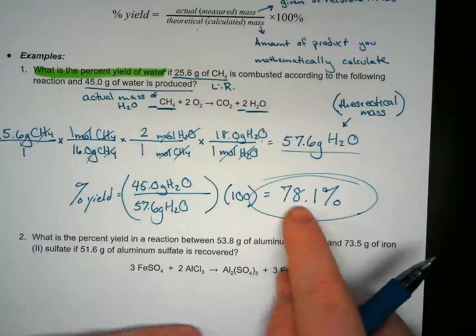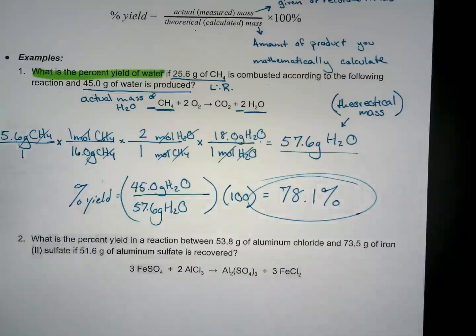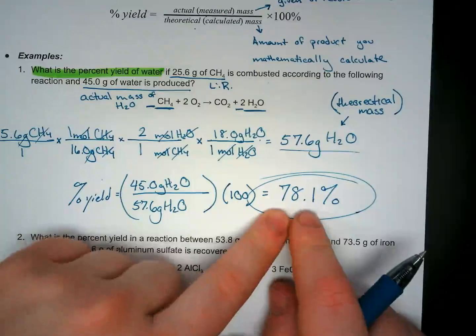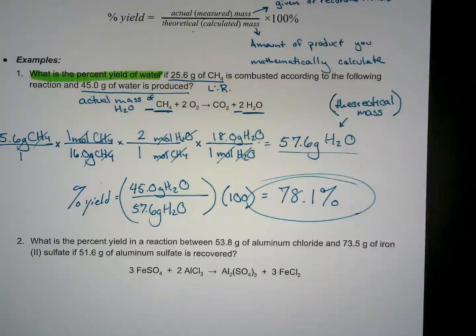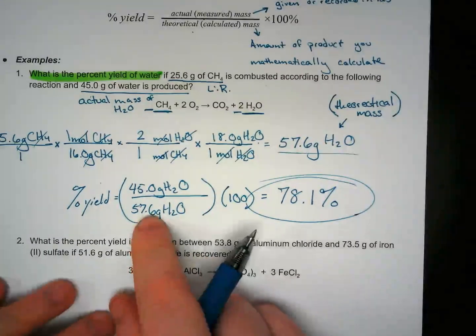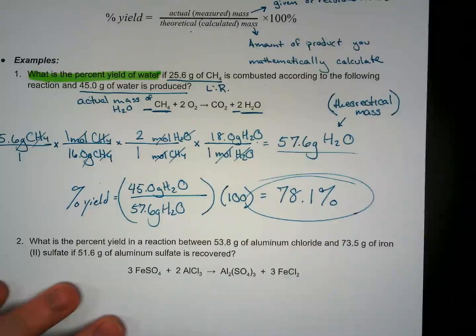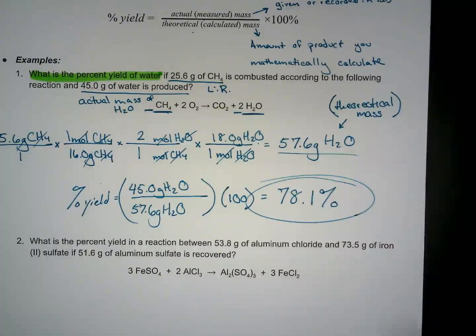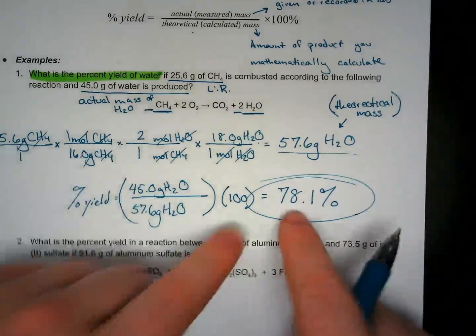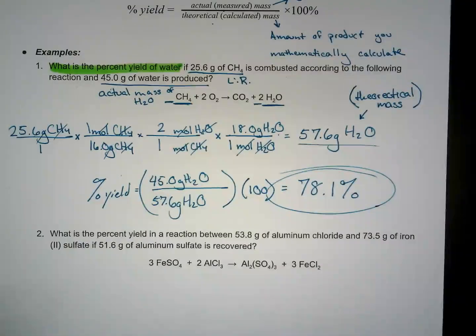So what we just calculated with the 78.1% says that the actual was roughly about 3/4 of what we expected to see, which is not particularly a good place to be. So there is something happening, whether temperature was off, and this is something you don't have to determine. It's just talking about how we get such a large discrepancy.